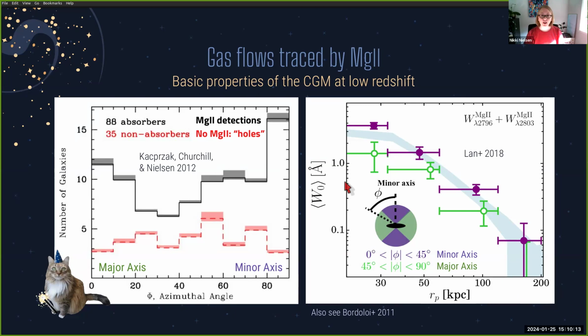And what we find is that for a given impact parameter, the minor axis gas has stronger absorption strengths as well. This could just be due to, if this gas is outflows, then maybe the gas has larger kinematics, the gas is more metal rich, there's just simply more gas along those sightlines. So taking into account the location around the galaxy can also reduce that scatter that we have.